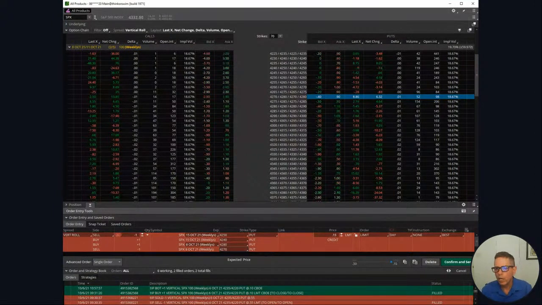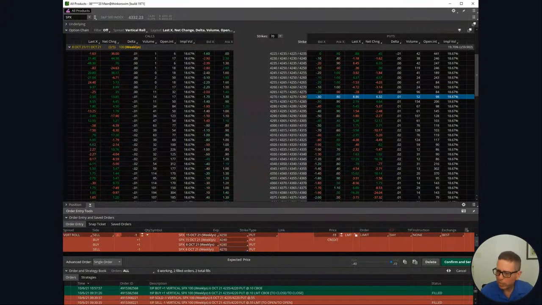Two, the distance from the market on a call spread is much less than it is for a put spread, and markets can rip higher very quickly, just as much as a bear market can. Yesterday we were up 1%, so you want to be careful with using call spreads, and I don't use them that often.